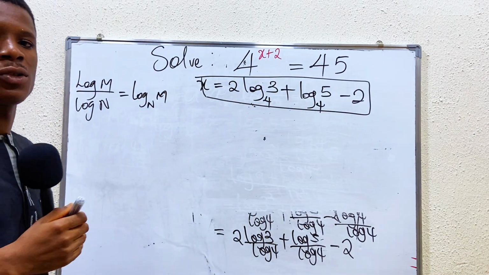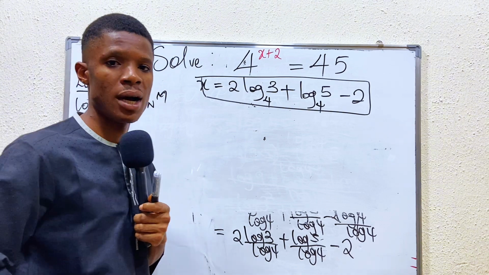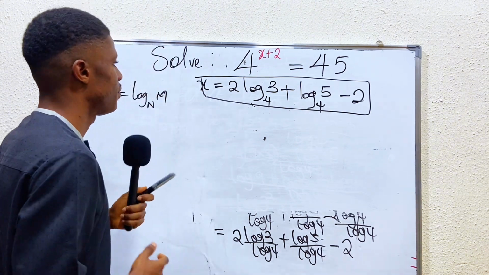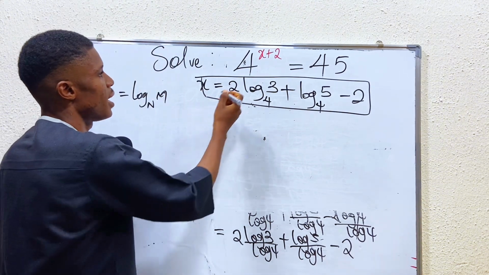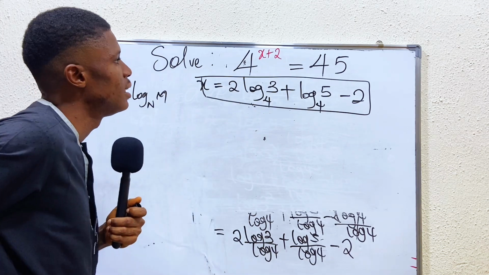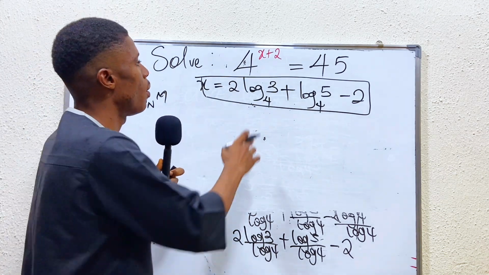If you want, we can actually verify this to know whether our answer is right. To verify this is simple. So we are going to put exactly this in the power of 4.